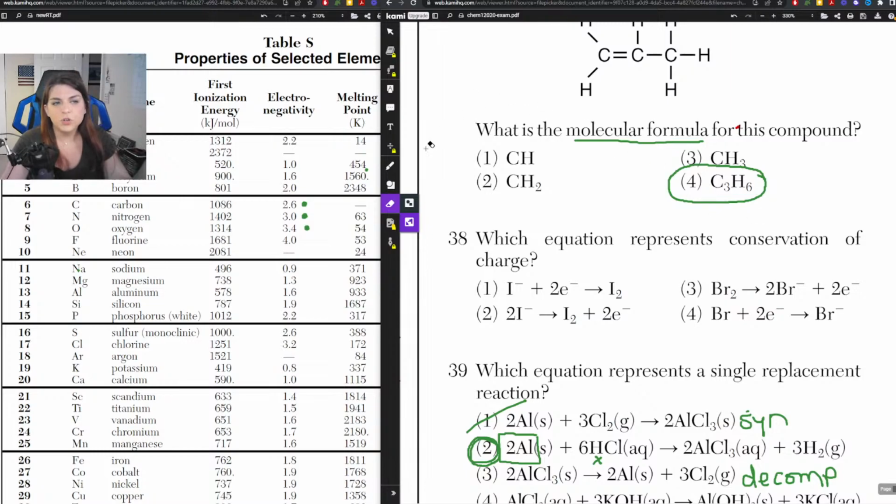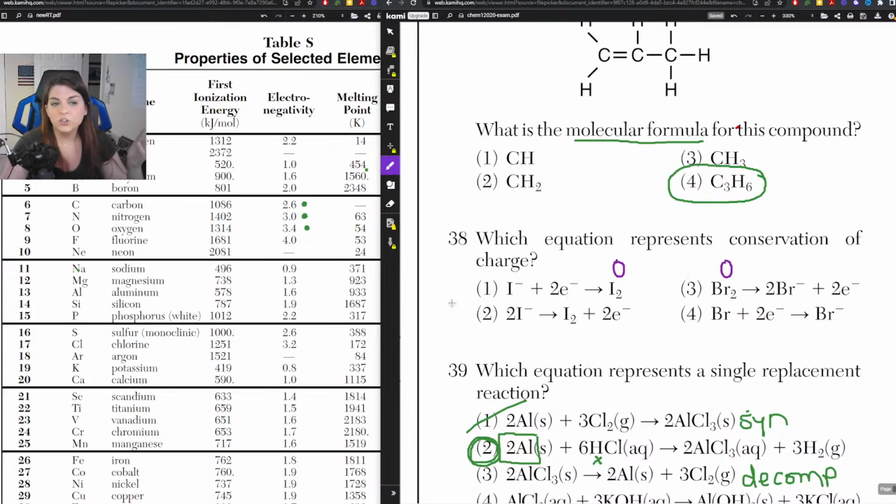So the also trick here is that when you have an atom or an element in its natural state, the oxidation state is 0. So this iodine coming in as a diatomic will have an oxidation state of 0. This bromine as a diatomic has an oxidation state of 0 because that's how nature made it.